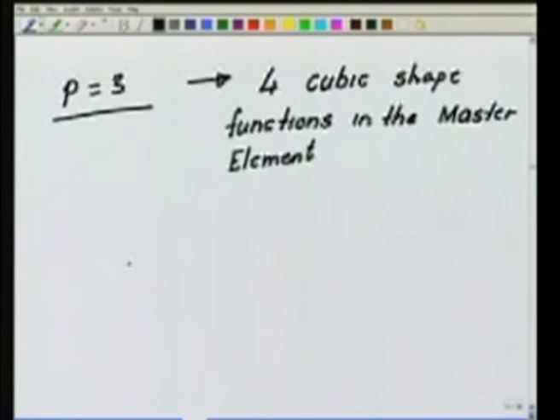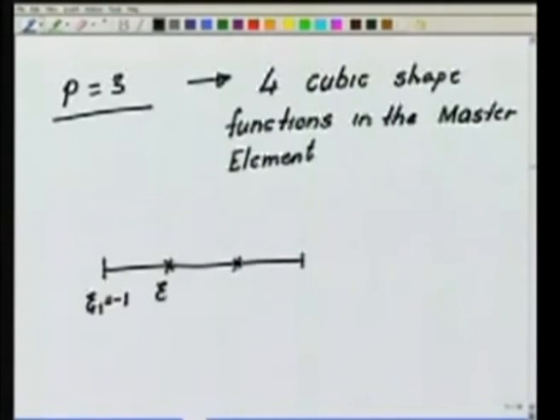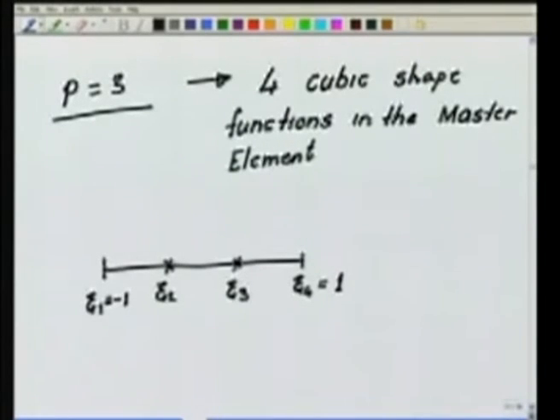Now the only thing is, one should remember that in the master element the points psi 1 is equal to minus 1, this is psi 2, this is psi 3, psi 4 is equal to plus 1. So we have the gap between these points is equal to 2 divided by 3. So this is minus 1, so this point becomes minus 1/3, this point becomes plus 1/3.